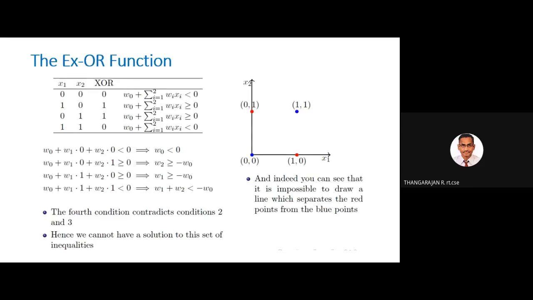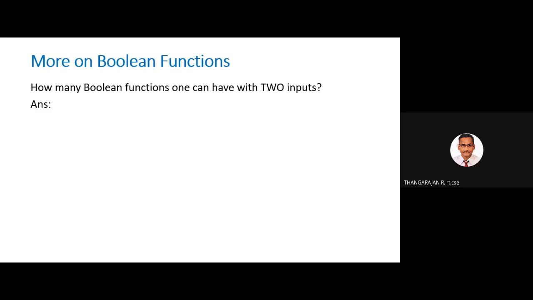Before we get into the multi-layer perceptron, there's one more small digression we can take. Say, for example, you have two inputs, x1 and x2. How many Boolean functions can you have with two inputs? Or suppose I say n inputs.